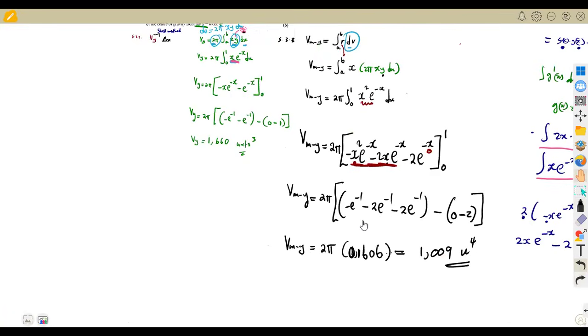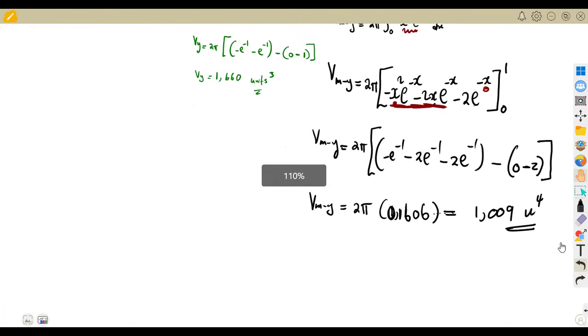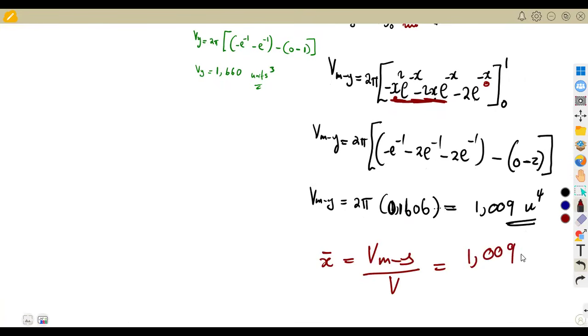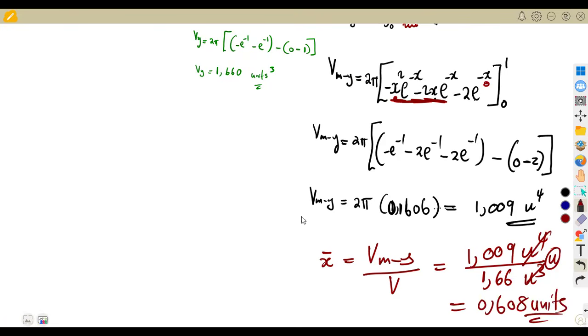So here our x bar is going to be the volume moment for y, which is 1.009 units to the exponent of 4, over the volume we calculated before, 1,660 units to the exponent of 3. That will be 0,608 units to 3 decimal places. That is our distance, just like that.